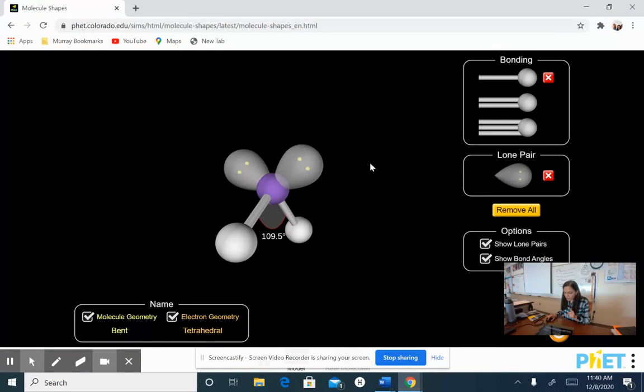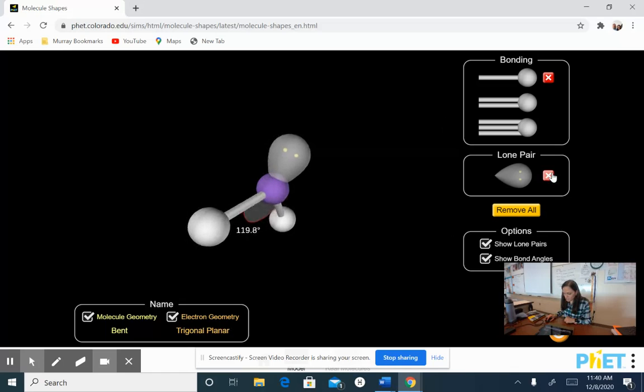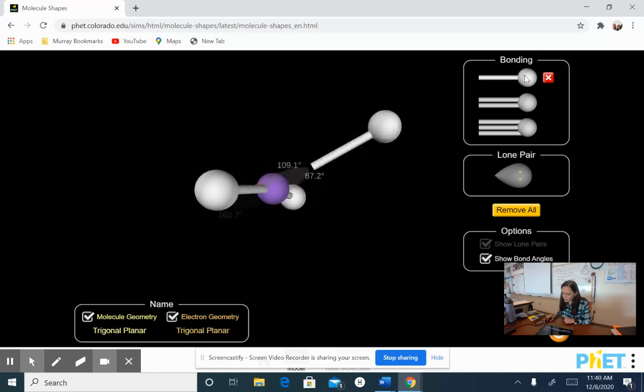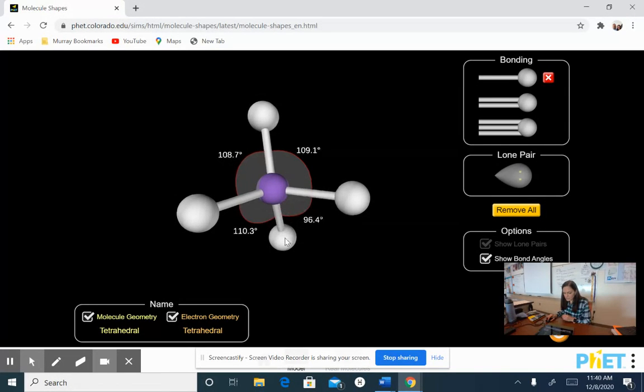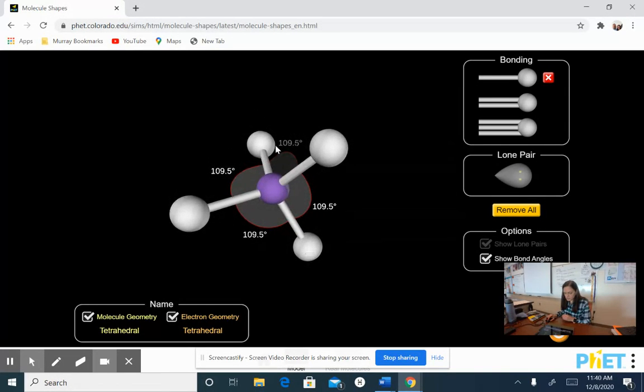So if I have 4 bonding areas, so I'm going to take out these lone pairs. I have 4 bonding areas, and they're all bonding the same element. We've got the silicon here in the middle, and the fluorines on the sides, and they're all the same distance apart. So wouldn't they cancel each other out?